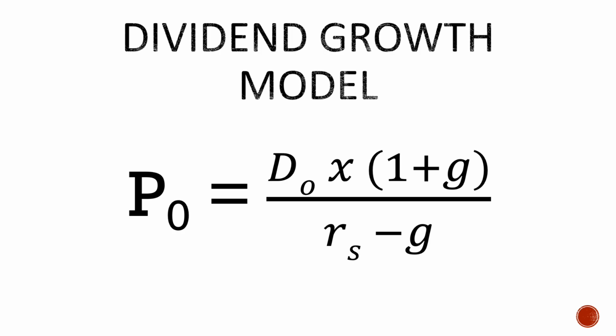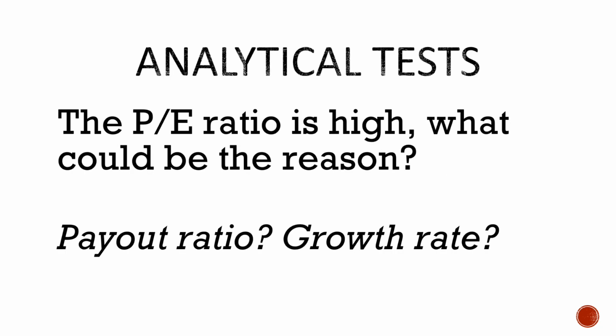Now, as you can see, it is possible that P sub 0 would be high. It is because there is a high growth rate, and/or the dividends are high because of a higher payout ratio. Again, before judging a company to be overvalued on the basis that it has a high PE ratio, it could be that the company's stock price deserves to be high.